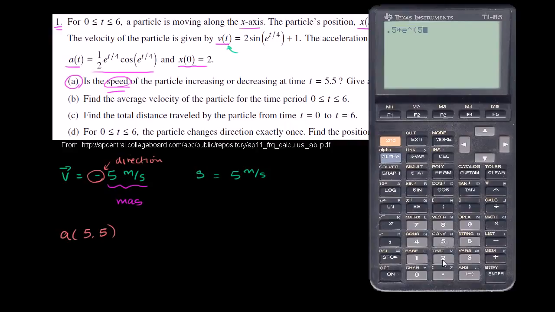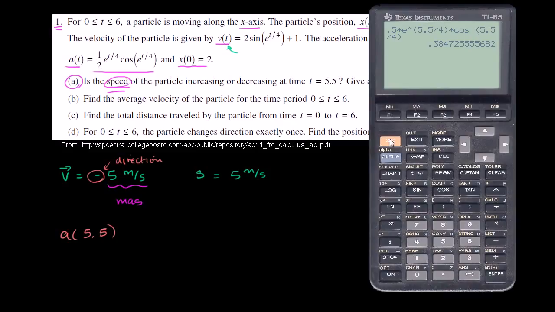Well, t is 5.5. 5.5 divided by 4 gives us 0.38. Did I do that right? We have 0.5 times e to the 5.5 divided by 4 times cosine.